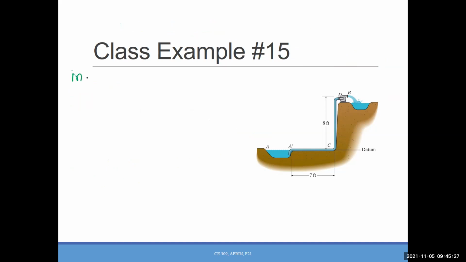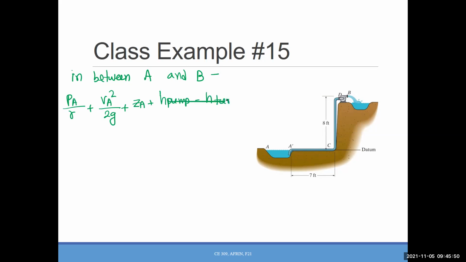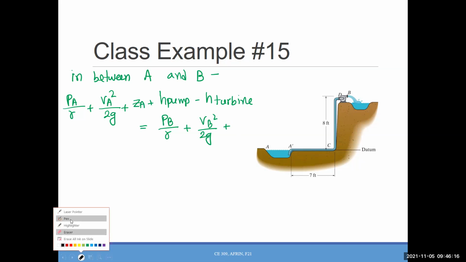So in between A and B, the equation will be obviously PA over gamma plus VA square over 2g plus ZA plus H pump minus H turbine equals PB over gamma plus VB square over 2g plus ZB plus head loss.